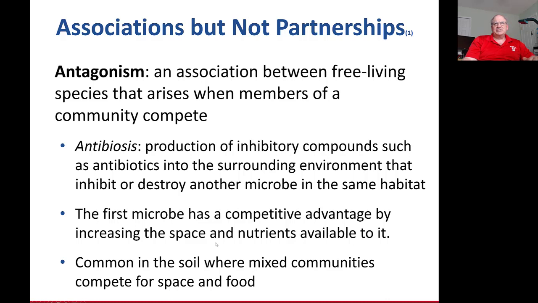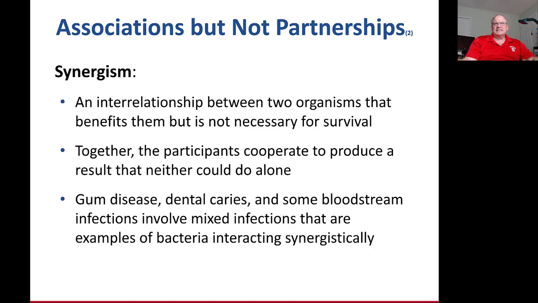So these are competitive types of environments that we see with microbes. We know this in terms of the gut. We talk about probiotics and the like, and it is an antagonistic type of environment where they try to defend a particular region for themselves.